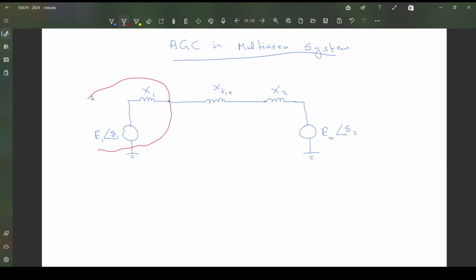This is basically area 1, and this is area 2, and the areas are interconnected with the tie line.